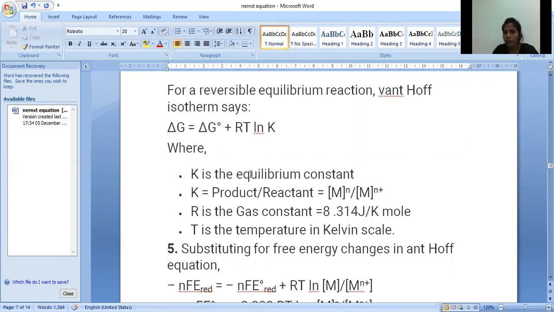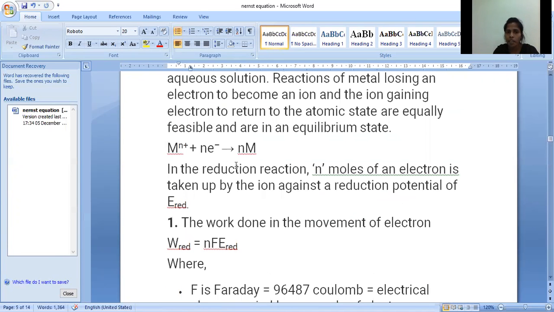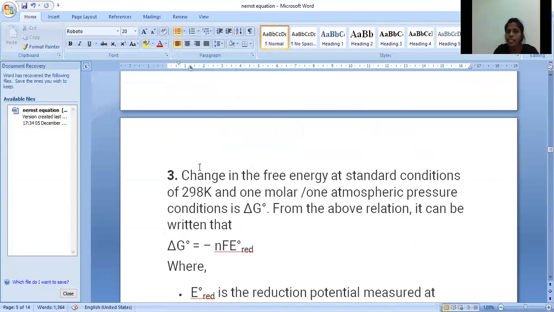K is the equilibrium constant, that is, products concentration divided by reactants concentration. Here, in our example, this is the product and this is the reactant. Product divided by reactant concentration, that is K here.